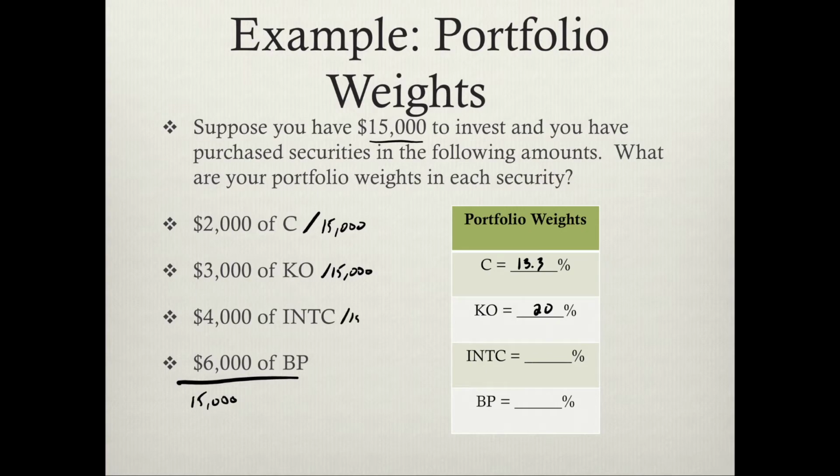So 4,000 divided by 15,000. We get a weight of Intel of 26.7%. And then for BP, same setup. We have a weight of BP of 40%. Once again, these add up to 100%. They make up our entire portfolio, but that's our first step, being able to identify the portfolio weights of the individual securities in the portfolio.